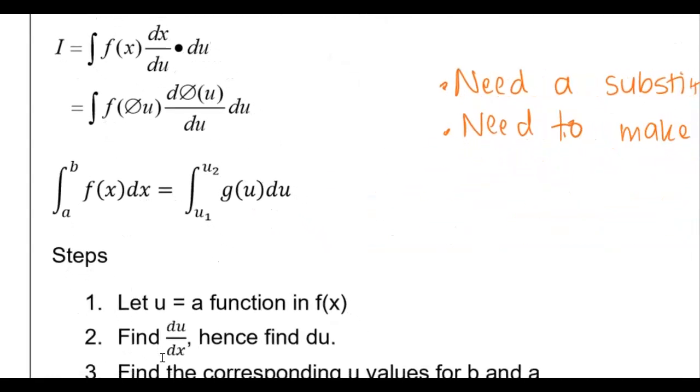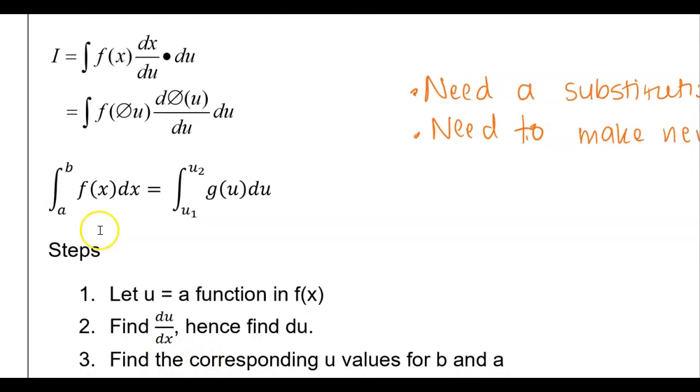The gist of what we want to do with integration is look at an integral between a and b, sometimes we won't be given the limits, of some function with respect to x. We're going to come up with something that we want to substitute in for part of our function, and we generally use u as a substitution. We're going to change our function in terms of x to a function in terms of u.